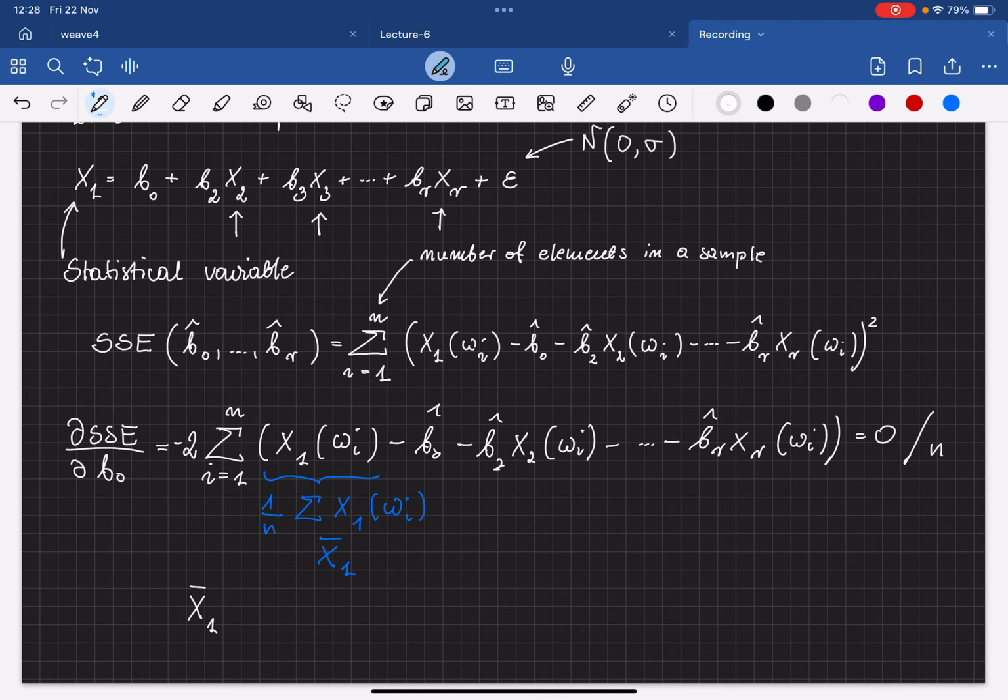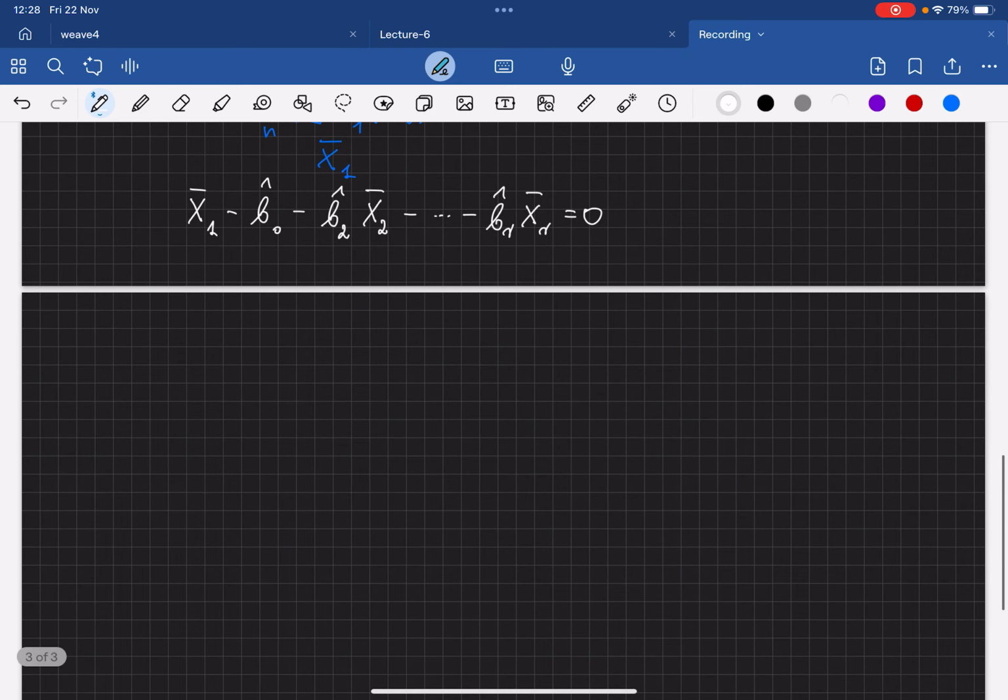The average of x1 minus b0 minus b2 times the average of x2, minus up to br times the average of xr, has to be 0, which means that my b0 can be written as the average of x1 minus b2 x2 minus up to br xr.